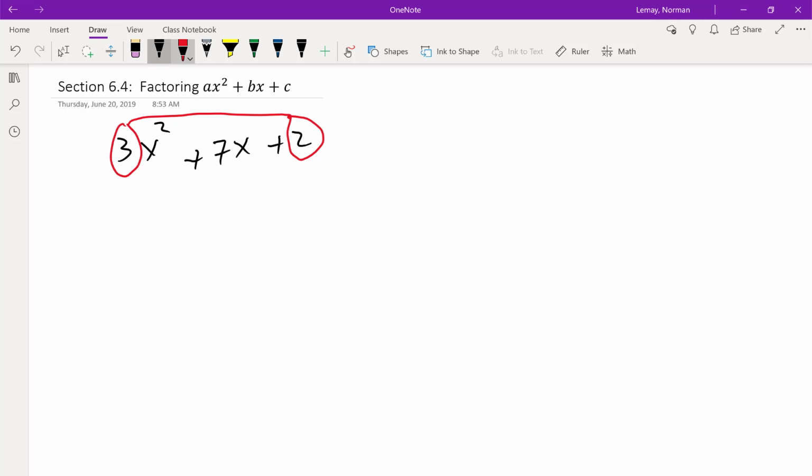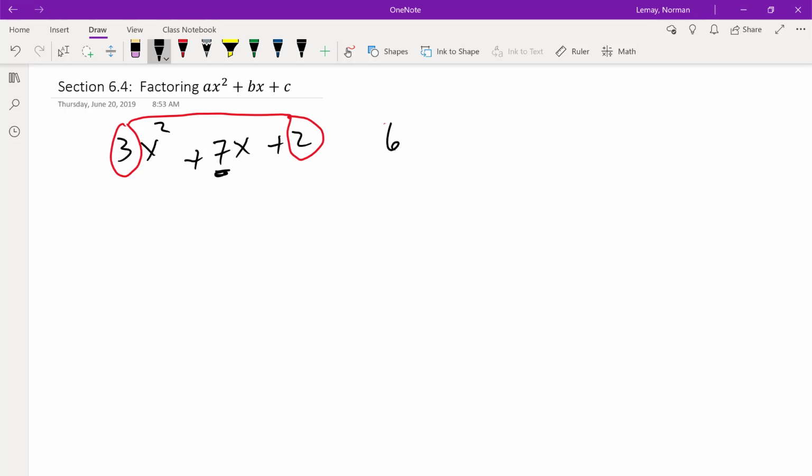So let's just note that 3 times 2 is 6. So we take A times C, we get 6, and now we ask the question, what are the factors of 6 that add up to the B coefficient? So what are the factors of the product AC that add up to the B coefficient?